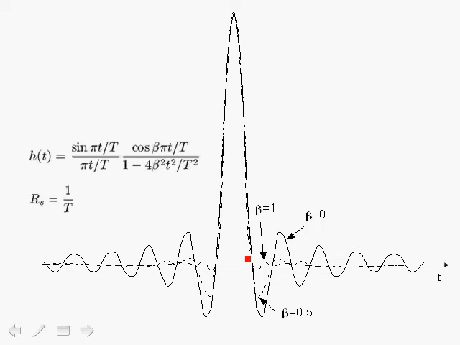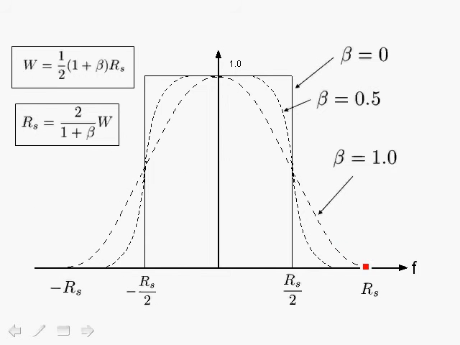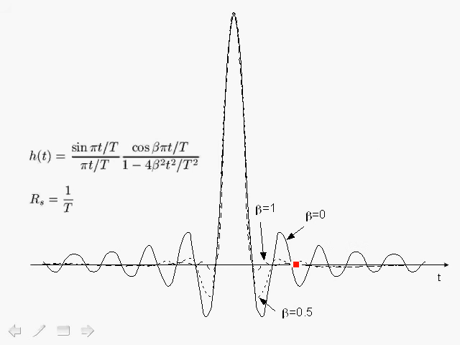One very important point about these raised cosine filters is to take a look at the impulse response in the time domain. As beta increases, we see that the denominator increases with beta and also the power of t, so that the side lobes die out much quicker over time, the higher the value of beta. That fits well with the case where for beta equals 1, where we broaden in the frequency domain, the time domain becomes more and more limited.